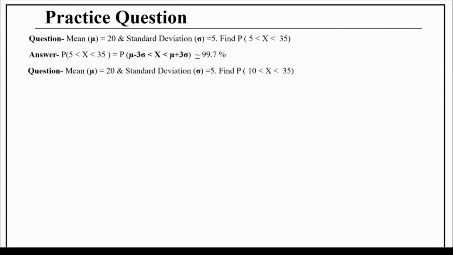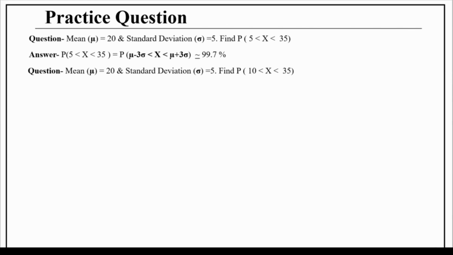Now let's take another question. Here mean is 20, standard deviation is 5 and we need to find the probability of a variable lying in a range of 10 to 35. First we will express 10 in terms of mean and standard deviation. 10 is mu minus 2 sigma and 35 is mu plus 3 sigma. So we need to further divide this range into two ranges. First one is mu minus 2 sigma to mu, which is exactly half of the probability of a variable lying in a range from mu minus 2 sigma to mu plus 2 sigma, and the probability is 95%.